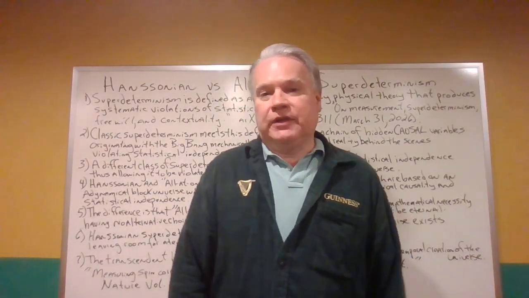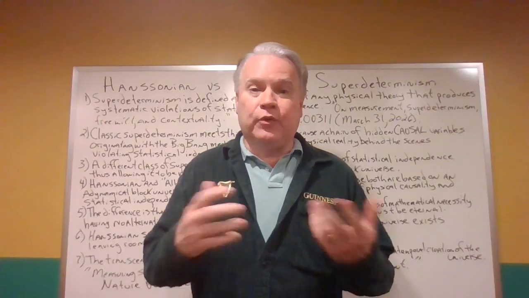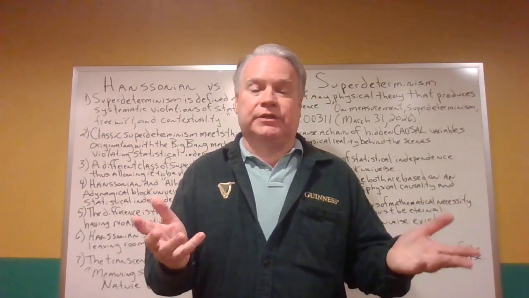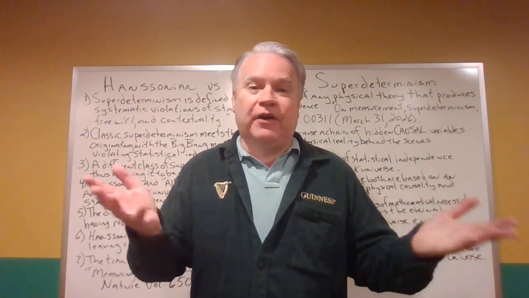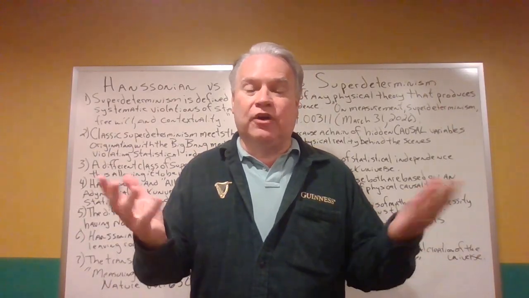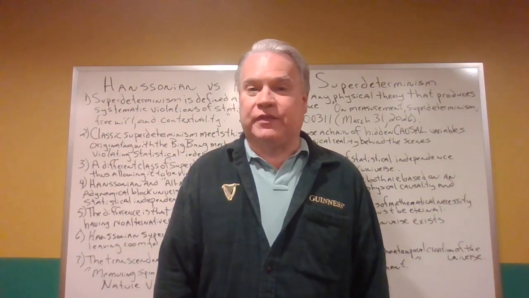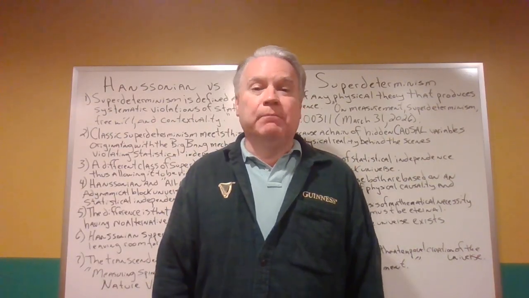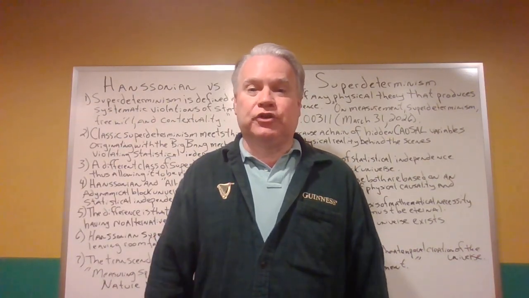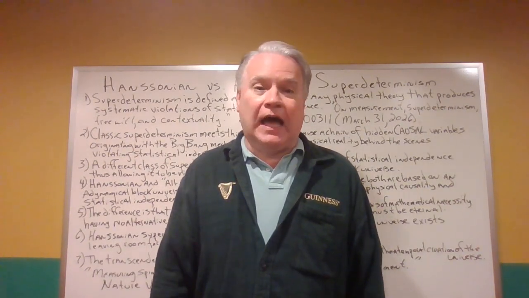So, Hanssonian superdeterminism and the all-at-once superdeterminism are both within this class of superdeterminism that denies the very existence of statistical independence by saying there is no physical causation. They're adynamical block universes with global constraints. But within this separate class of superdeterminism, Hanssonian superdeterminism leaves room for God.